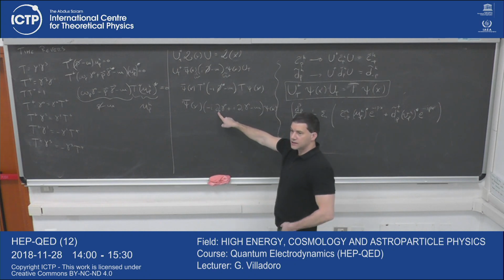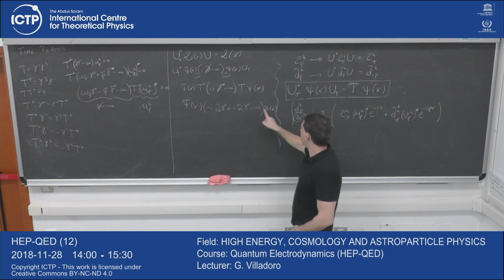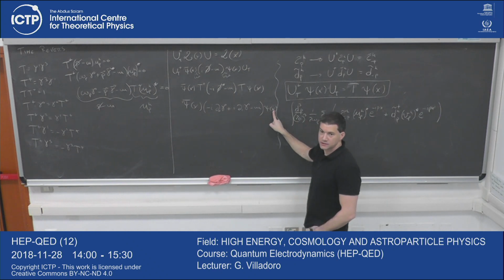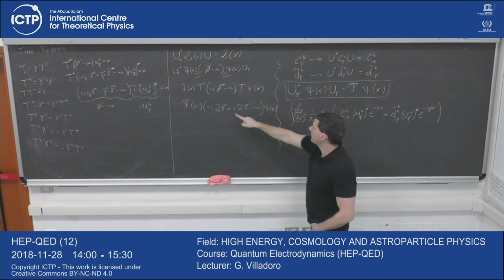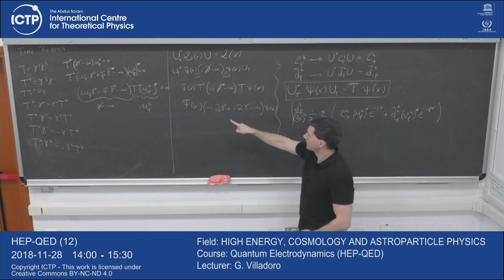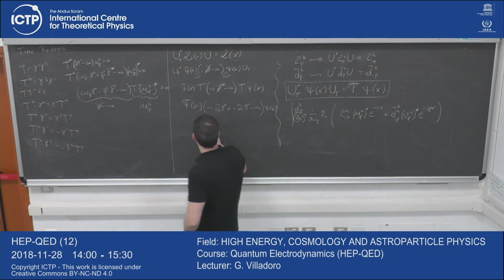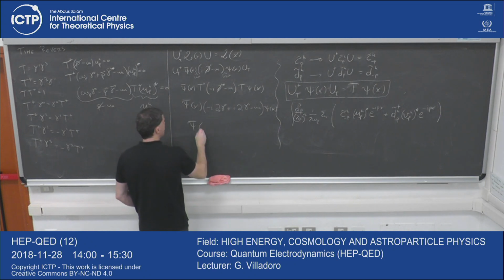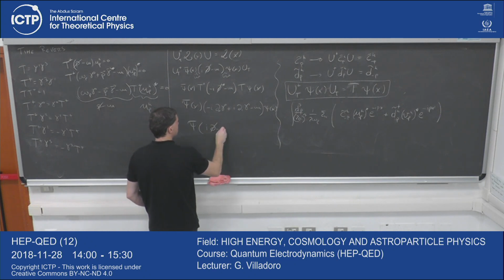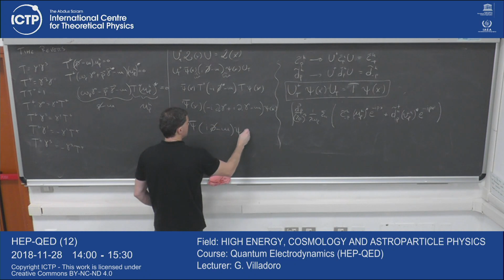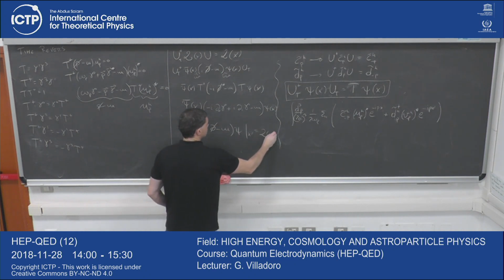But finally, this derivative is a derivative with respect to time. Here I change the sign of time. So this is a derivative of this argument with a minus in front. So I get that this is psi bar of i d slash minus m psi computed at x prime, which is my Lagrangian computed at x prime.